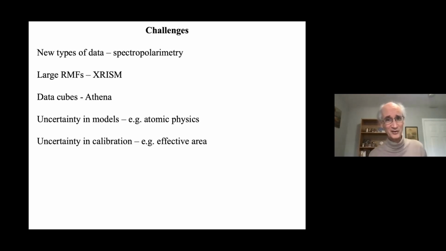There are uncertainties in those. There are uncertainties in line strengths and in line energies. As we go to high resolution data, that starts to matter. At the moment we're experimenting with this, but we haven't got a complete solution yet.